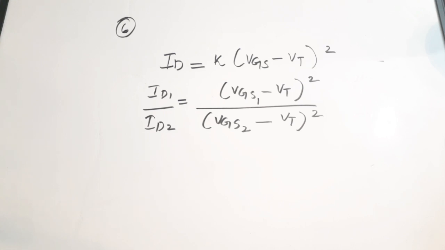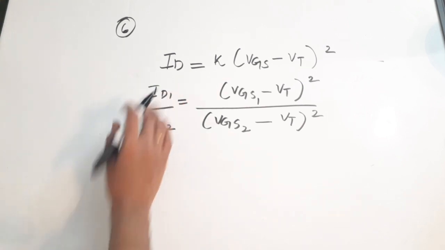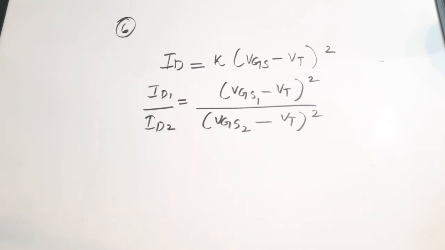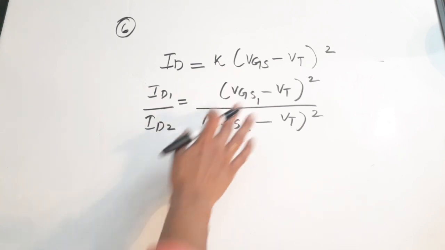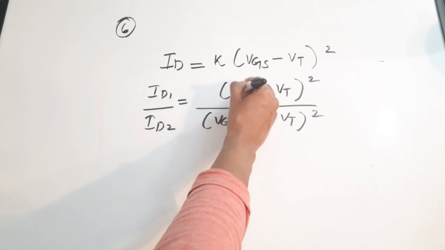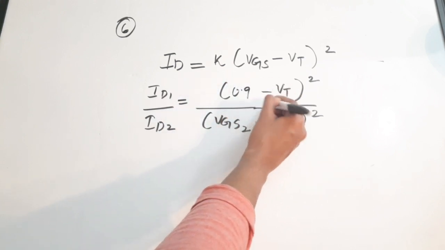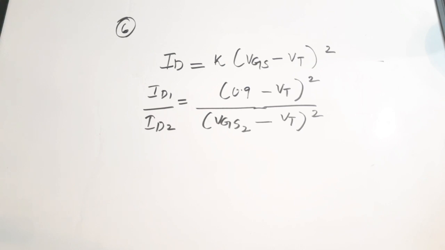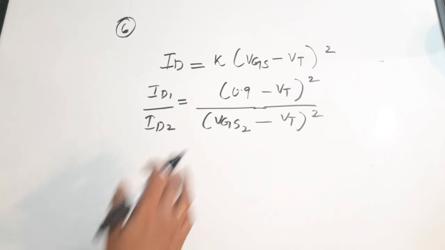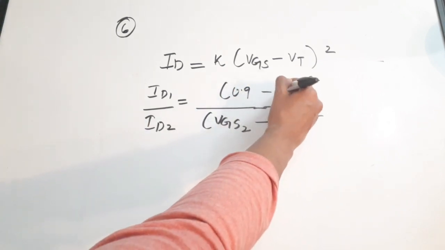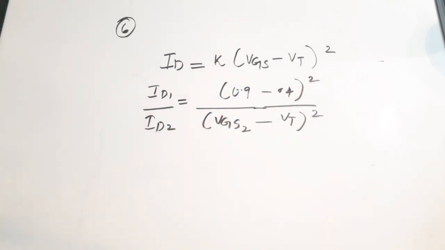What is VGS1? VGS1 is 900 millivolt, so we'll put it as 0.9. VT is the same, since for a MOSFET the threshold voltage will be the same: 400 millivolt or 0.4.